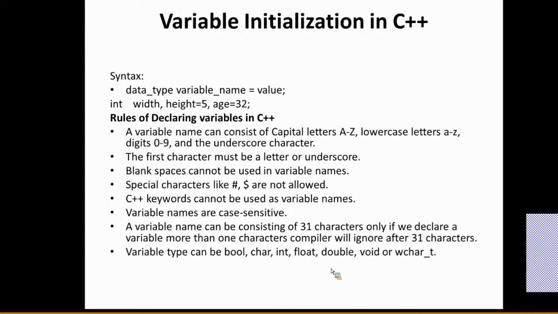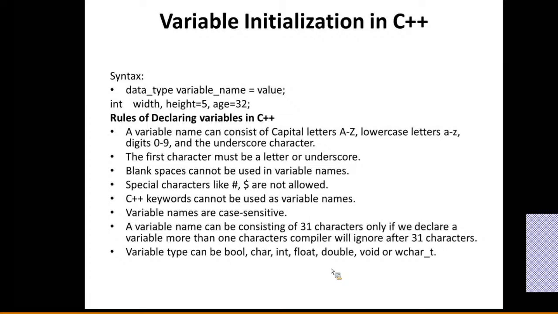The first character must be a letter, and if you want to use blank spaces, try to understand that blank spaces are not allowed. The compiler would immediately throw an error, assuming that you're trying to declare two variables without any separation. If you want to declare something called average height, so integer average followed by height with a blank, the compiler will assume average is one variable and height is another variable.